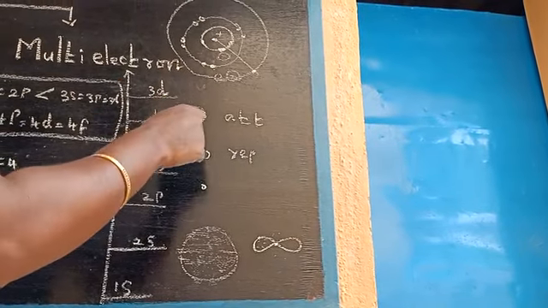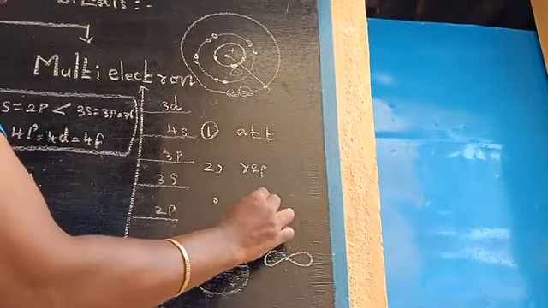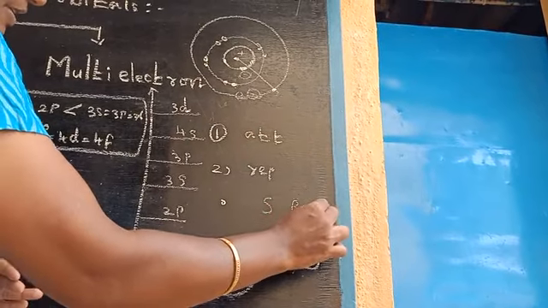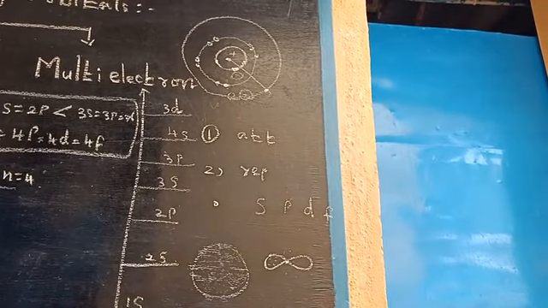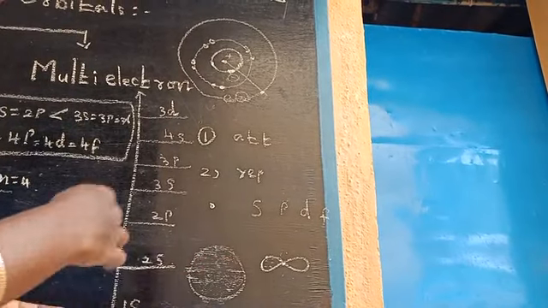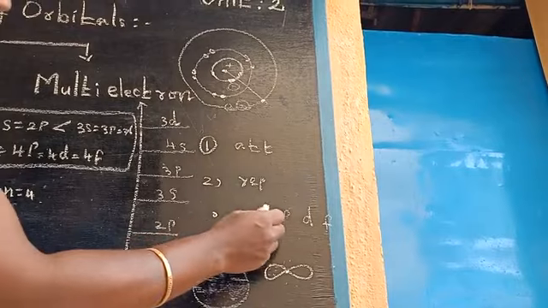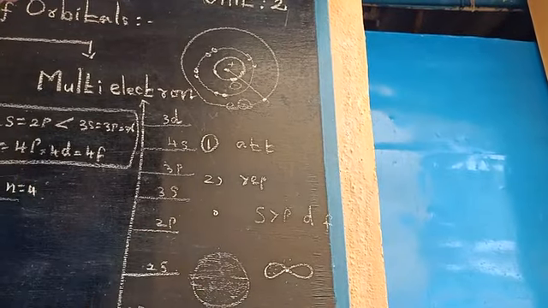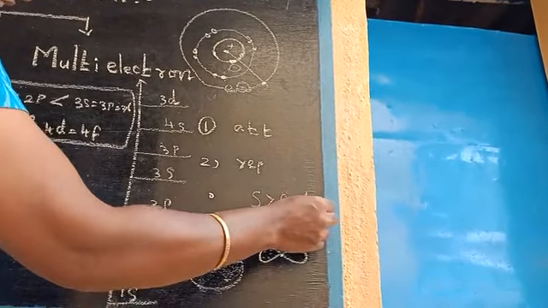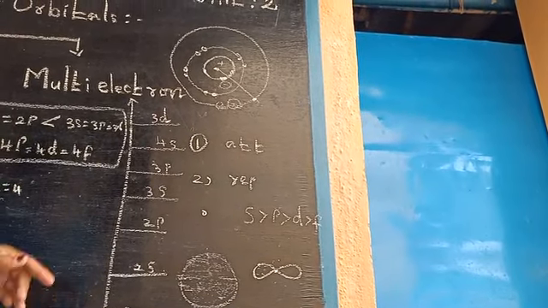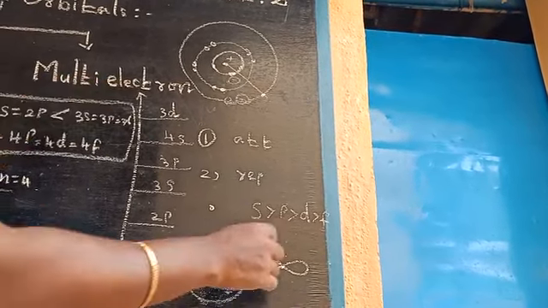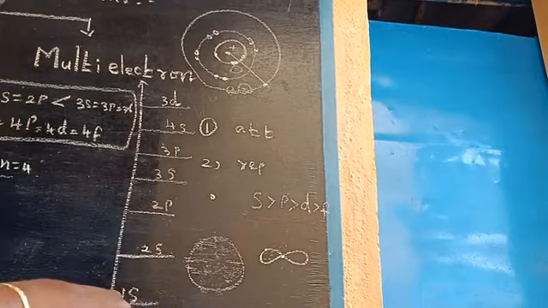Next, totally there are s orbital, p orbital, d orbital and f orbital. So we discussed four orbitals. Among these, the s orbital has more shielding, then the p orbital, d orbital and f orbital. But in energy level, which one is the highest? The f orbital. It is the reverse process.